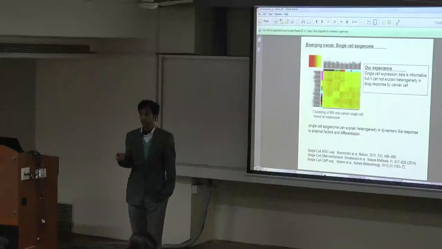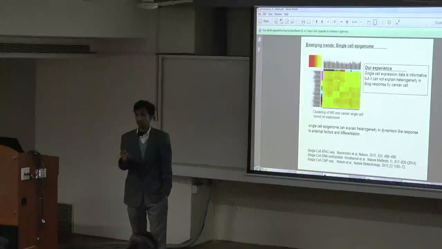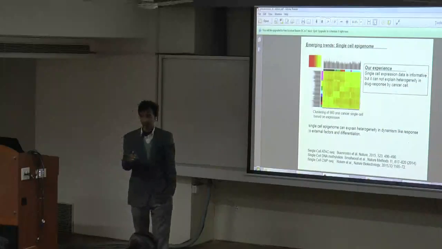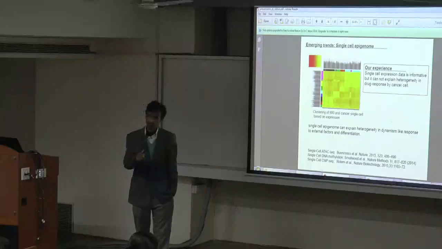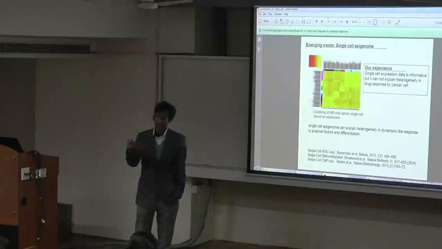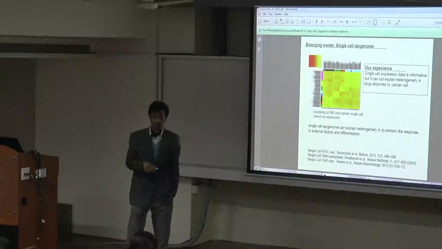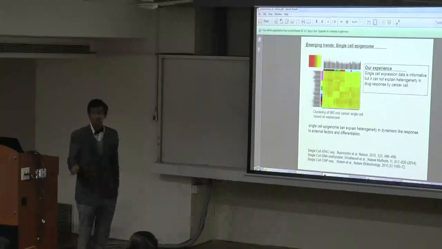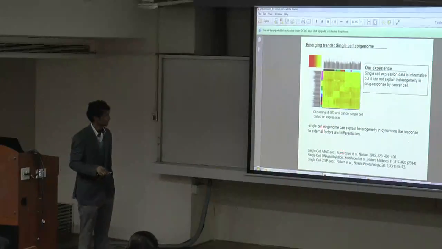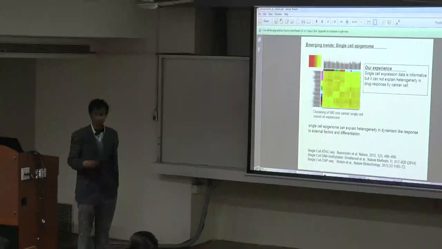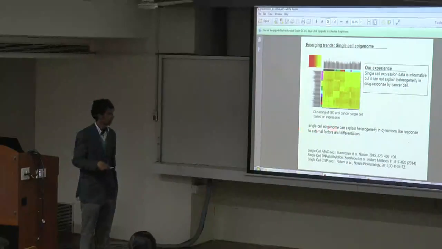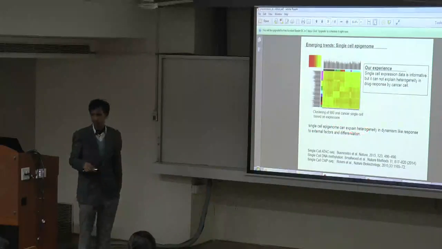So if a region is poised and you apply an external stimulus to it, that poised region has more chances to be active than the regions which are repressed. And that you cannot find using gene expression. So whenever there is dynamism, like an immune response or drug response, single cell epigenome can explain the heterogeneity.